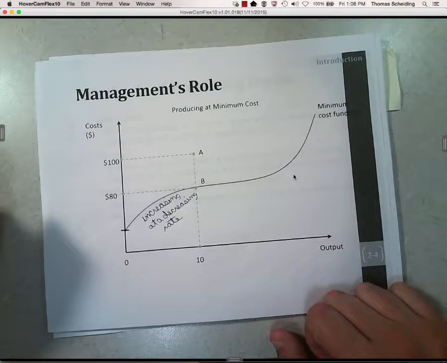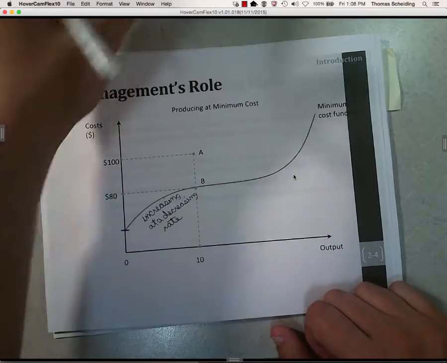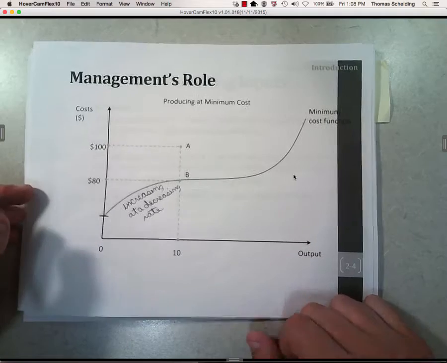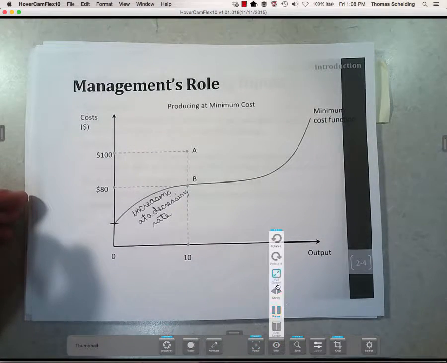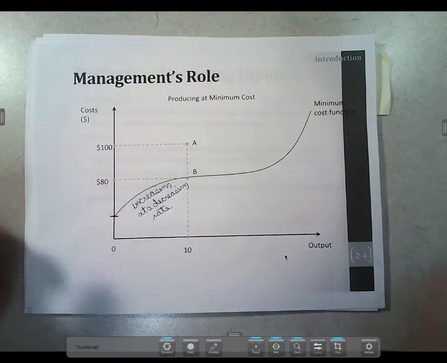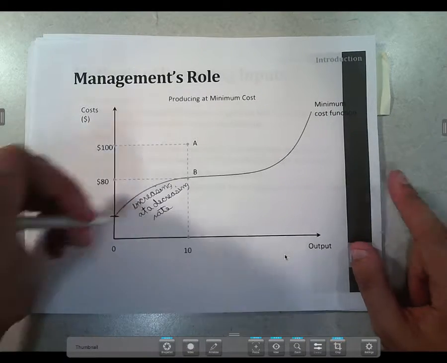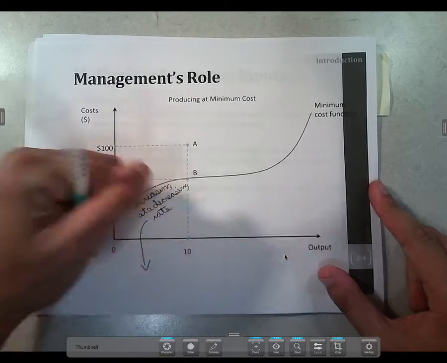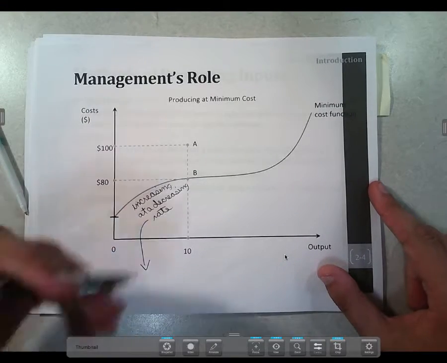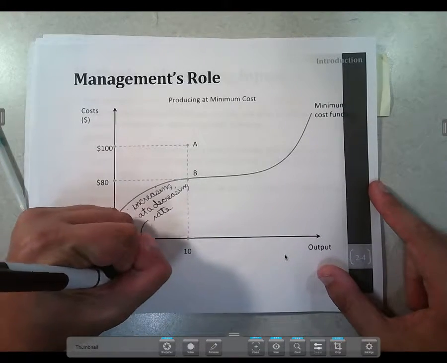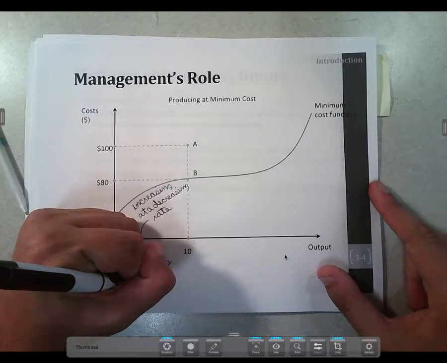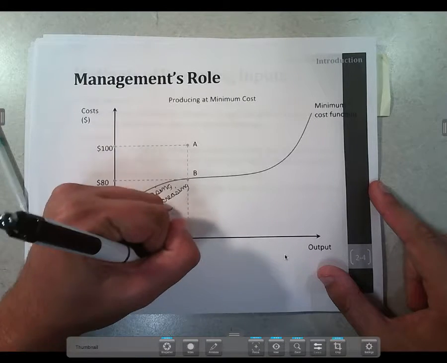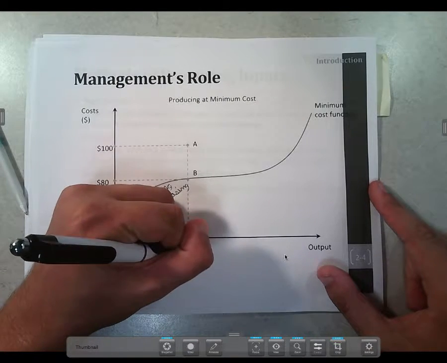This may be familiar if you've taken Econ 130, the Principles of Micro course. Why are the costs increasing at a decreasing rate? Primarily because the workers are becoming more productive.